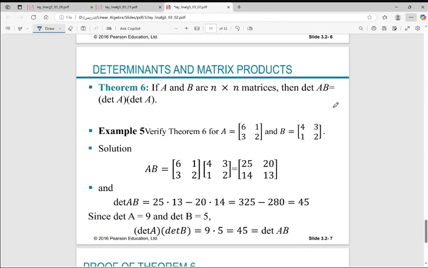We have two n times n matrices A and B. A is a square n by n matrix, B is a square n by n matrix.